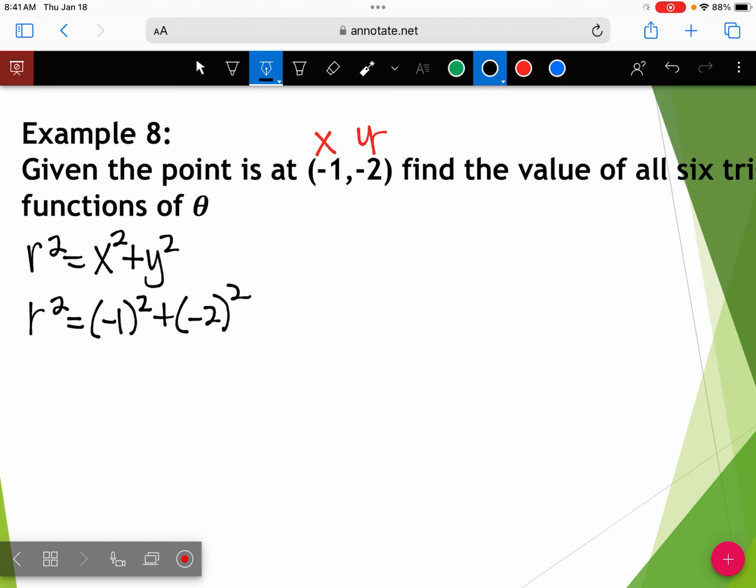Okay, so when we look at our coordinate plane, we see that x is negative and y is negative. See how both of my points are negative? This is the quadrant where x is negative and y is negative. It's in quadrant 3.